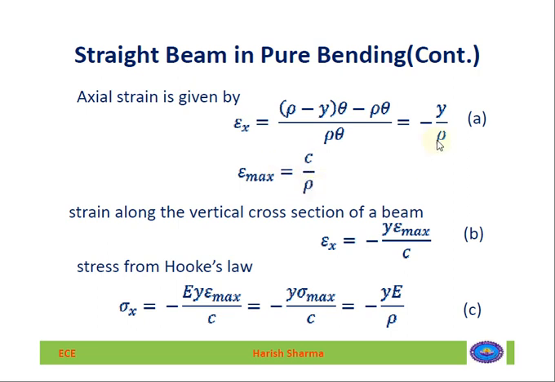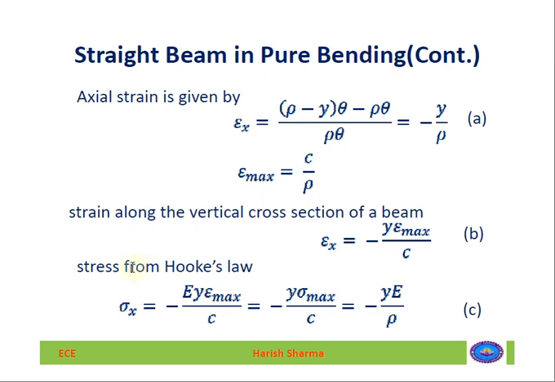So we can write epsilon x equals minus y epsilon max upon C. This is the strain along the vertical cross section of the beam.